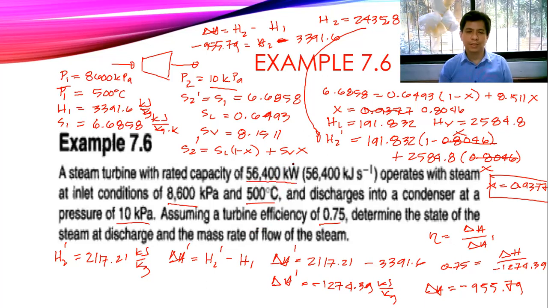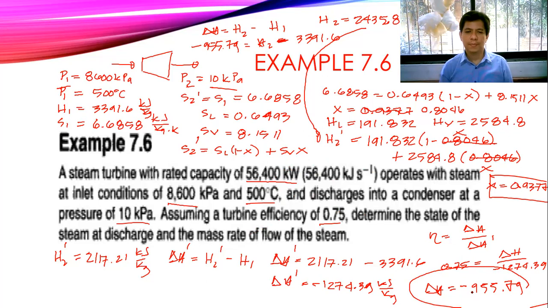So this is WS dot. Tapos this is equal to M dot times delta H. No? So yung delta H natin ito. Equate niyo lamang itong dalawa. Basically kunin niyo lamang yung 56,400 kilowatts divided by negative 955.79. So lalabas na din yung kilogram per second ng steam.